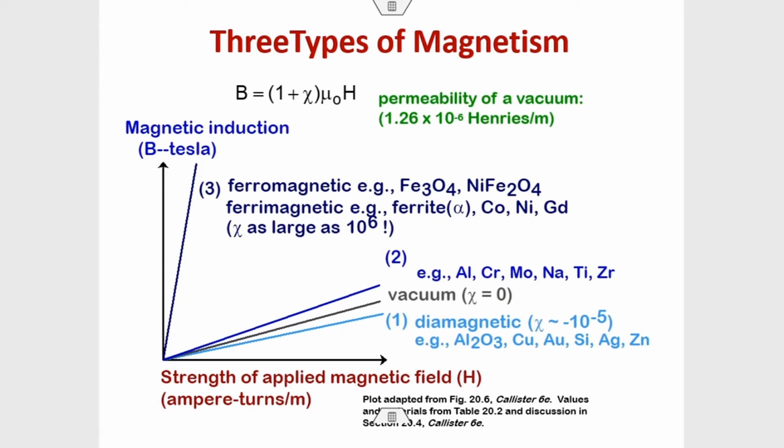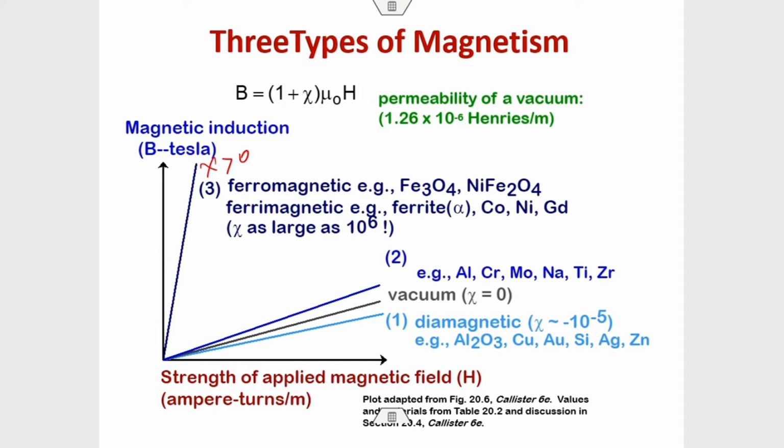So if you plot the magnetic induction versus magnetic field, B versus H, then you have a value of chi which is very large and more than 0 for ferromagnetic materials like magnetite, nickel ferrite, or ferrite, cobalt, nickel, gadolinium, and the value can be as high as 10 to the power 6.